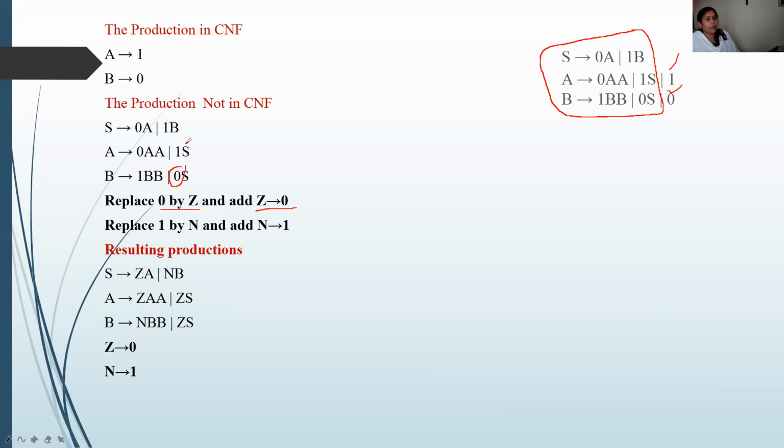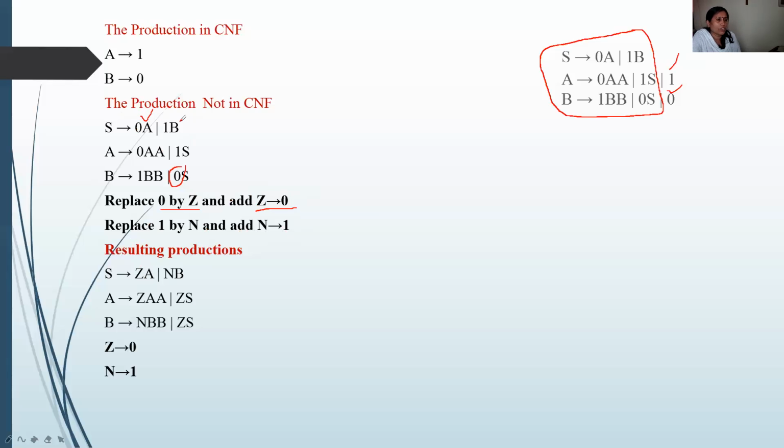To do that, I replace the terminal by a new variable, and that new variable along with the terminal it replaces has to be mentioned here. Replace 0 by Z and add Z produces 0, and replace 1 by N and add N produces 1.